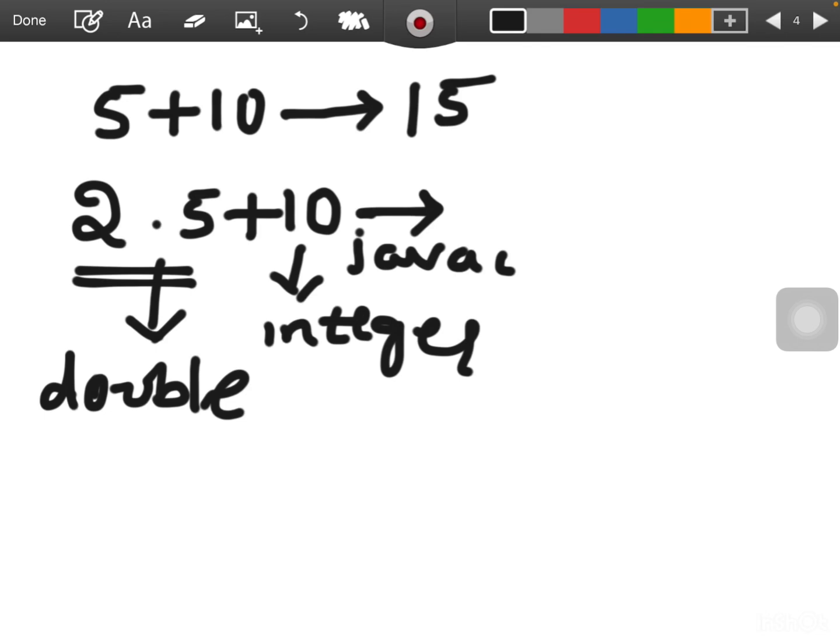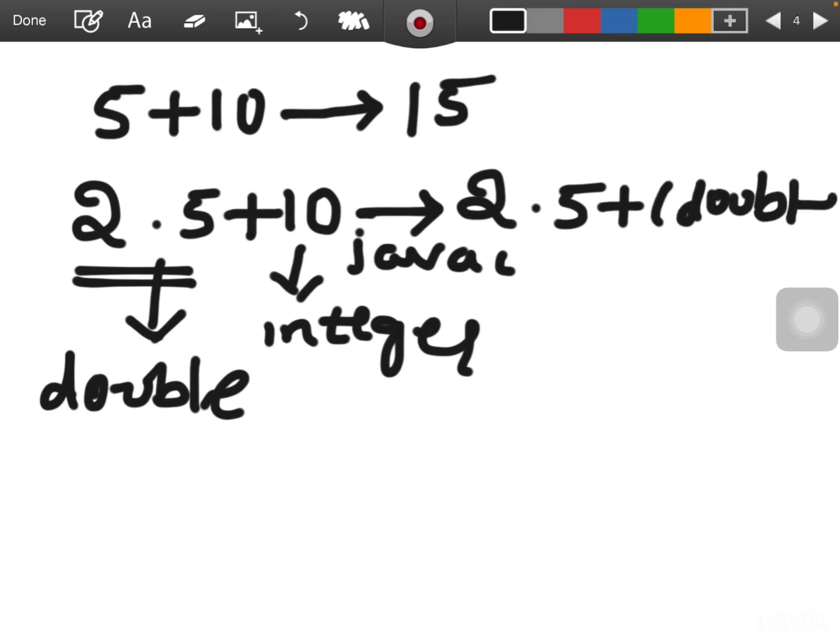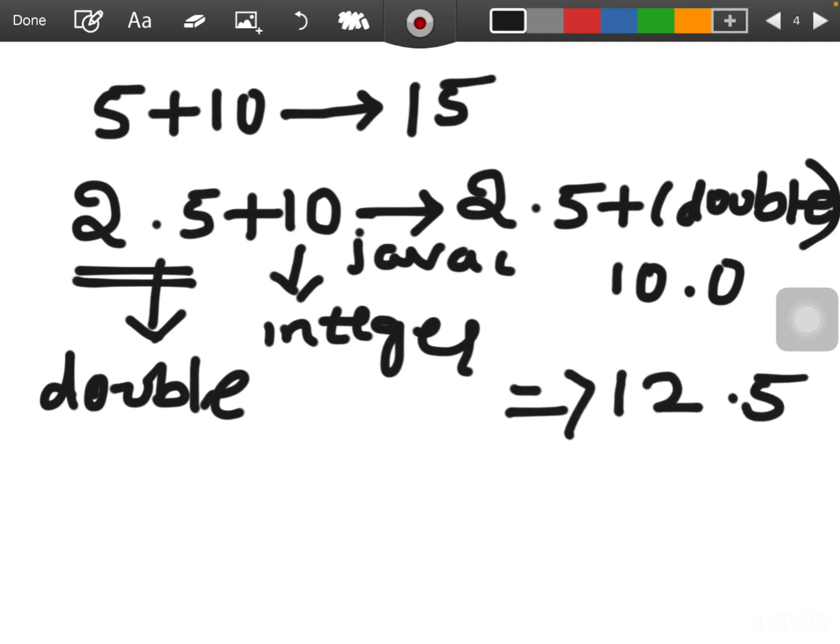Auto widening means if the developer fails to write the typecast operator, the compiler will write it. So the compiler will add the typecast operator like double, then 10 becomes 10.0, and the output will be 12.5.